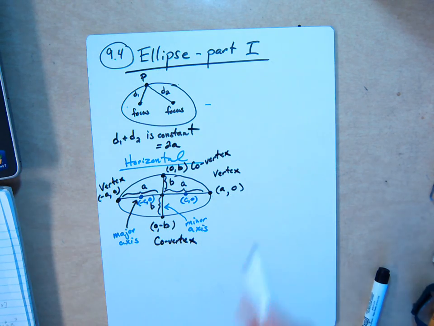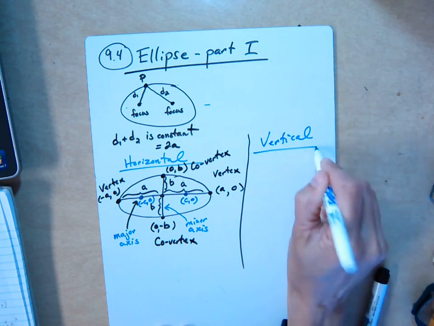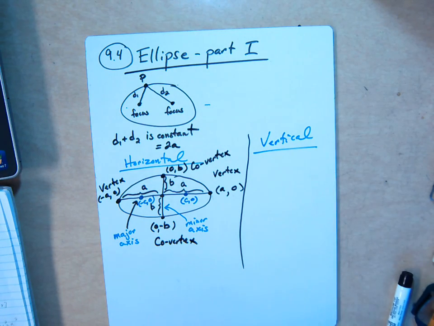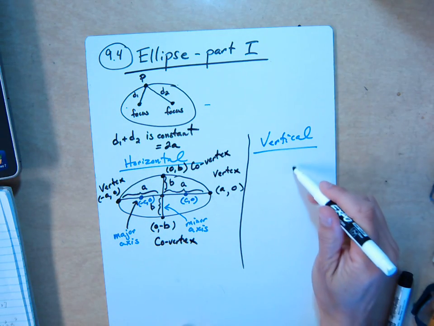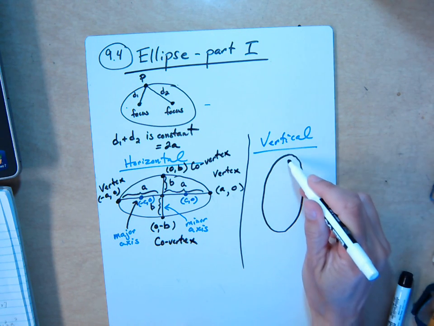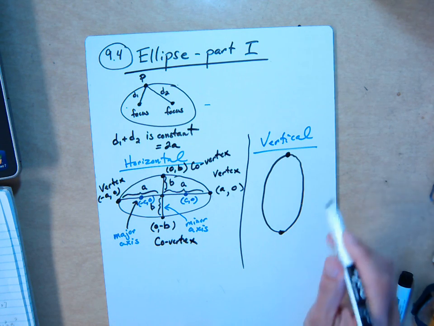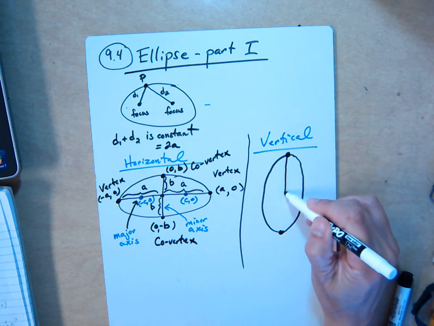And now let's look at the vertical. If it's vertical, then the ellipse looks like it's standing up, like the egg is standing up. These are our vertices here. This would then be our major axis.